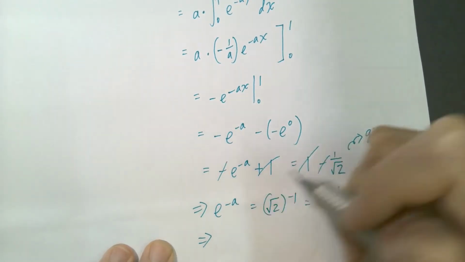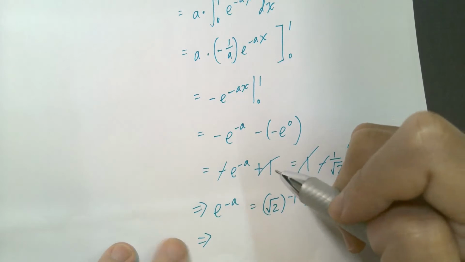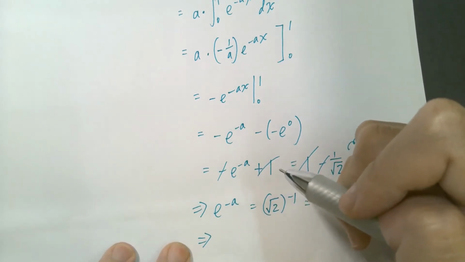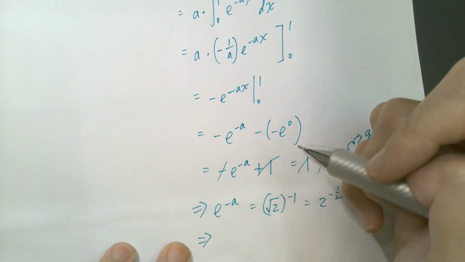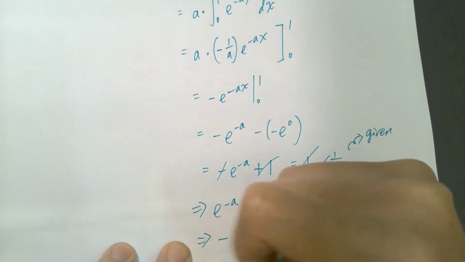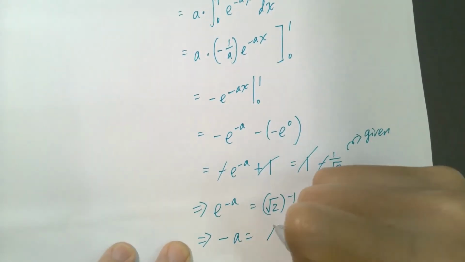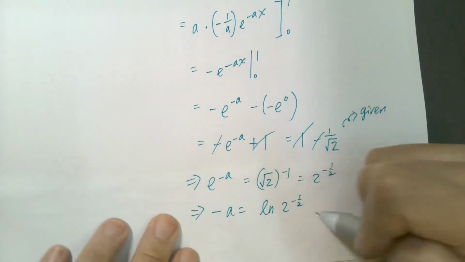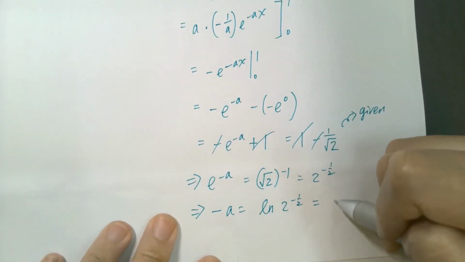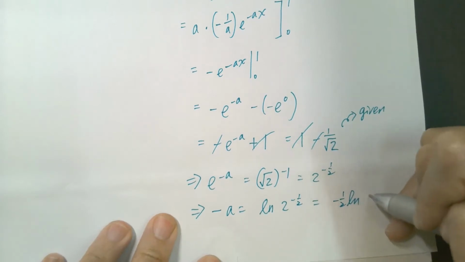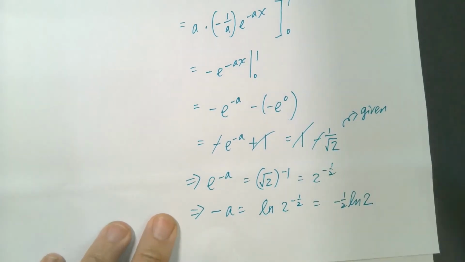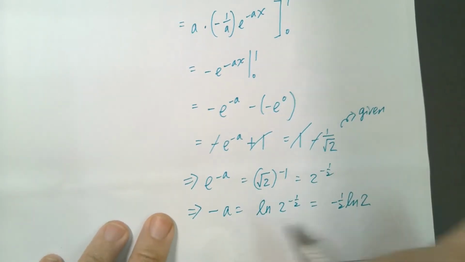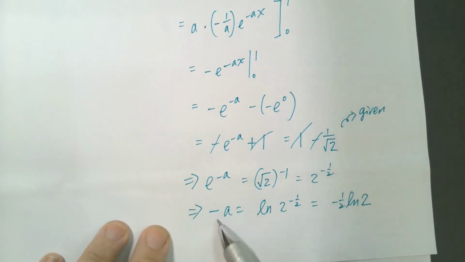So we take ln on both sides, and we get negative a equals ln of 2 to the negative 1/2, which, of course, using our power law, we move the negative 1/2 outside over here. We get negative a equals negative 1/2 ln of 2.